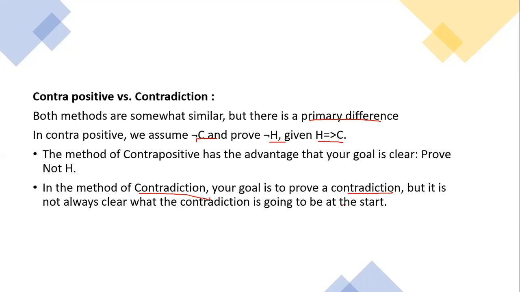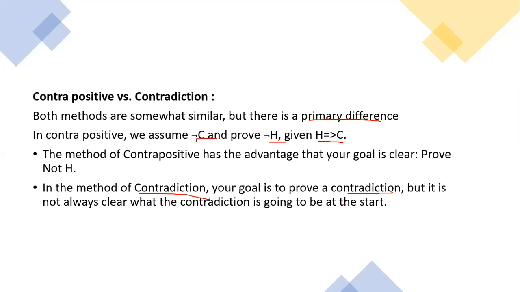In contradiction, we take the opposite only for the conclusion, not for H. In the case of contrapositive, we are taking the opposite for H and C also. Both the things we are taking in the opposite way. Just want to prove that. From that I can conclude the given statement is also true.